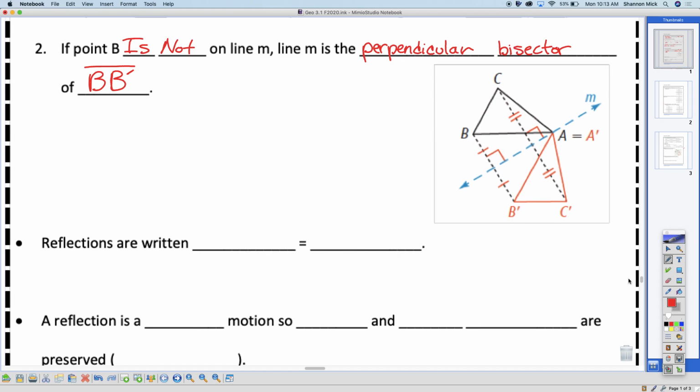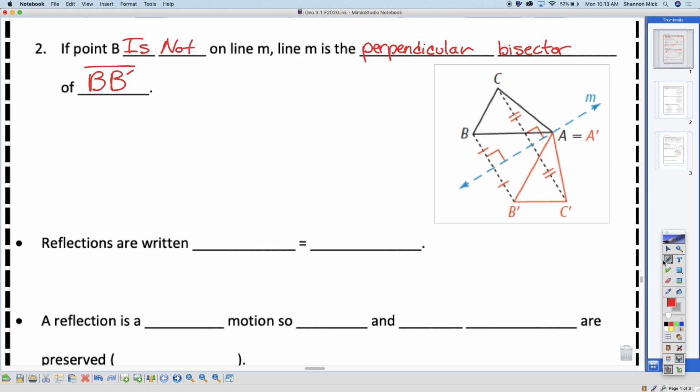Okay, reflections are written. So if we have triangle A, B, C, that's how we would write it, correct? I forgot something in front of it.